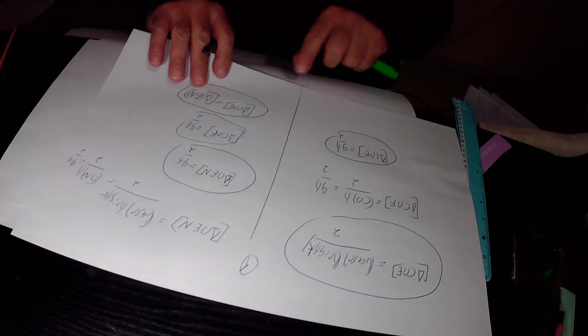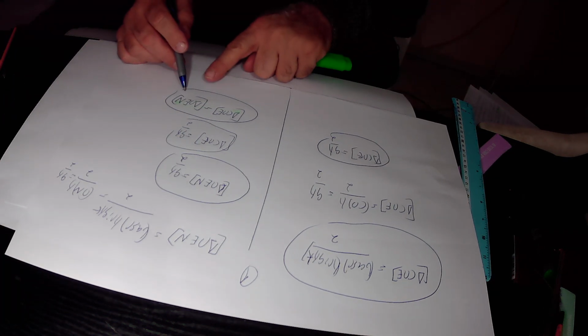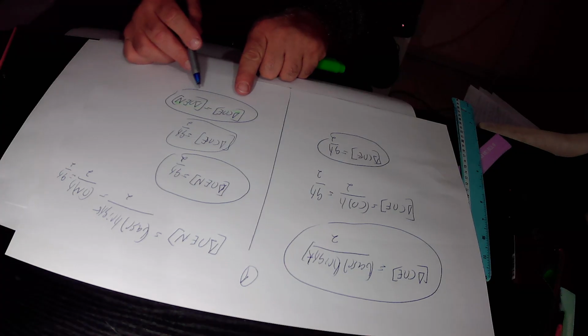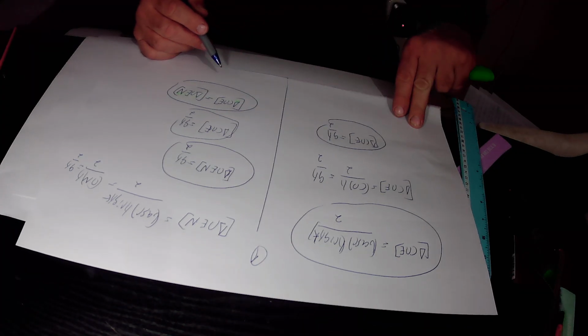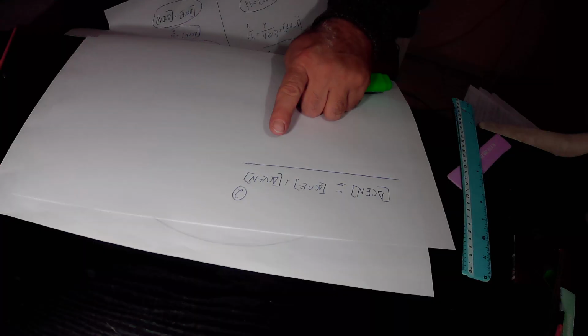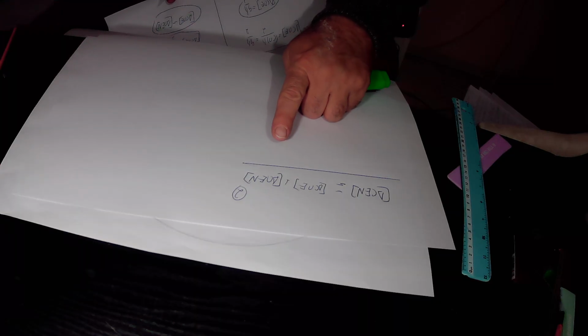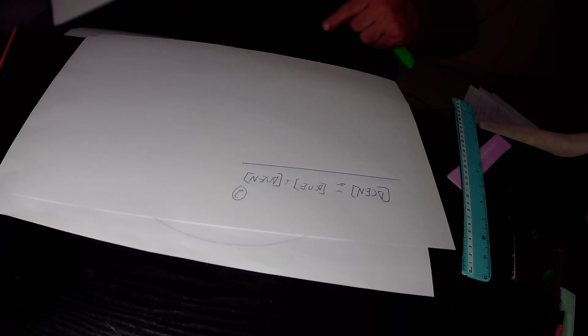But we already found out that the area of triangle OEN equals the area of triangle COE. So in this equation, we can substitute the area of triangle OEN by the area of triangle COE because they are equal to each other.